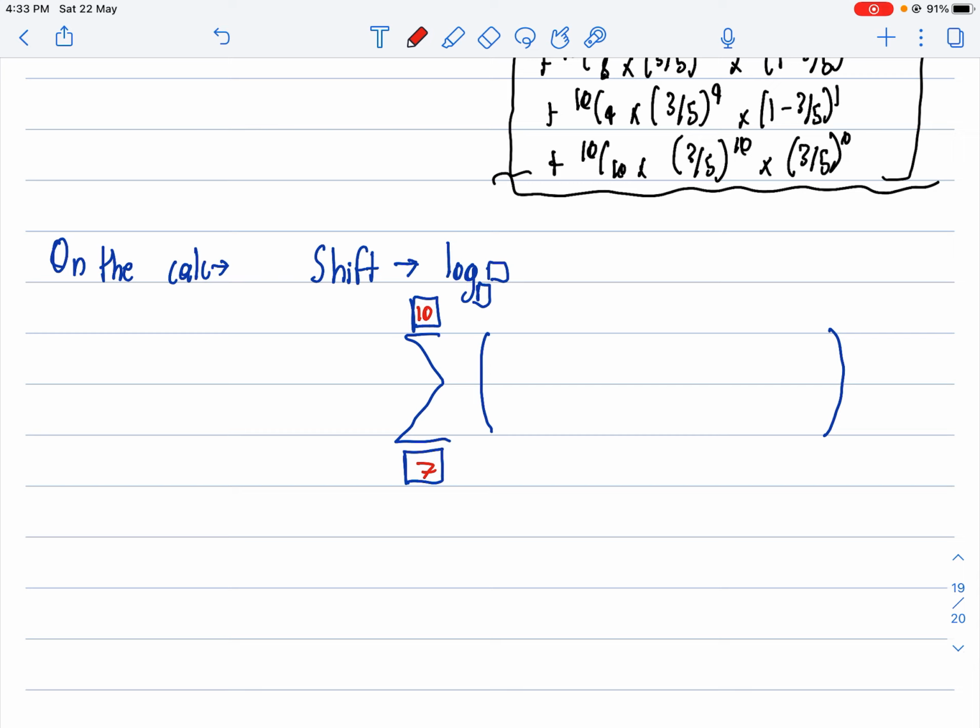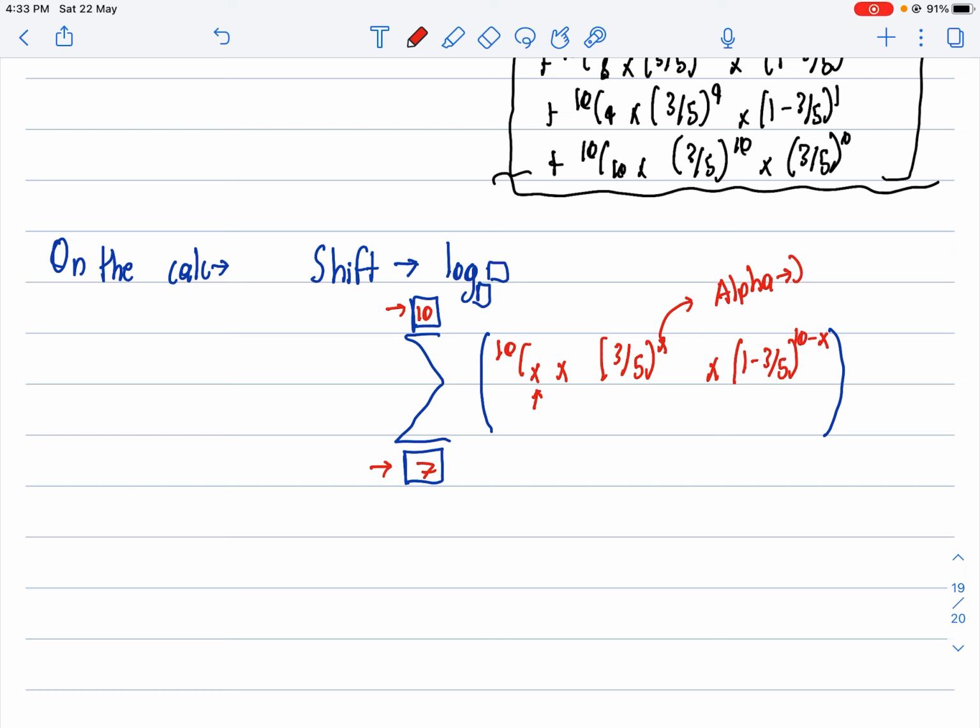Now in the bracket, I can simply write 10Cx into the probability, which is 3 over 5 raised to x, into 1 minus 3 over 5 raised to 10 minus x. Got it? Now x basically will take all the values from 7 to 10 inclusive, and to write an x, you can simply click on alpha and the closing bracket sign.